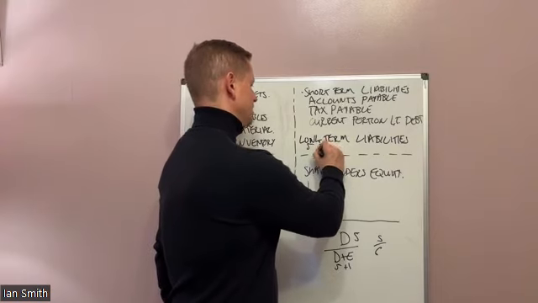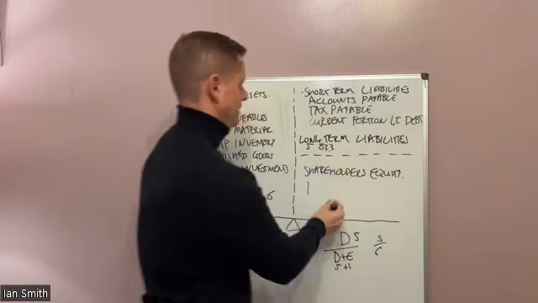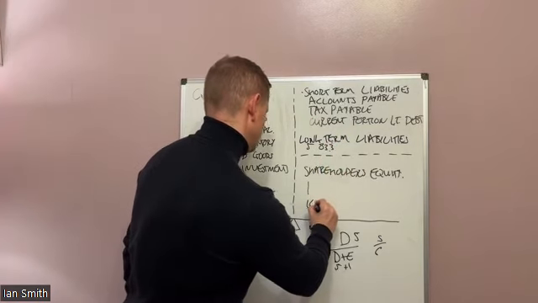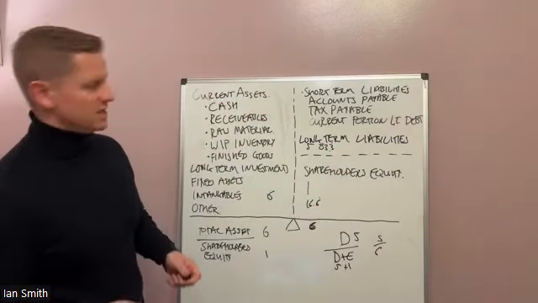So that works out at 83.3, and this works out at 16.6 recurring, so we're a basis point out.